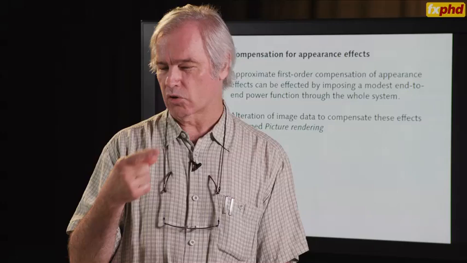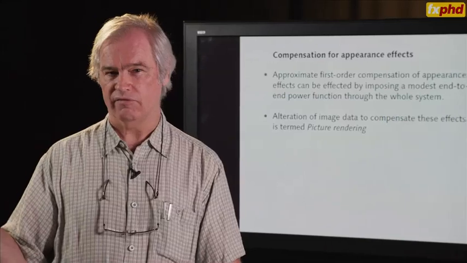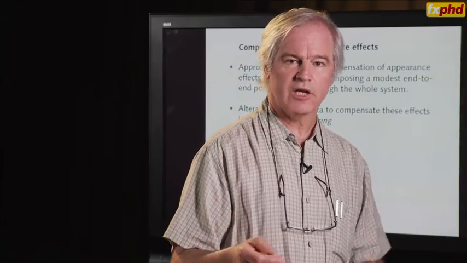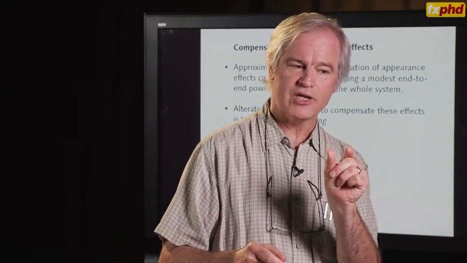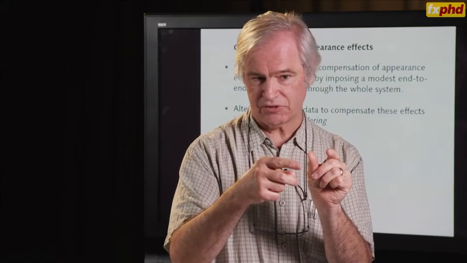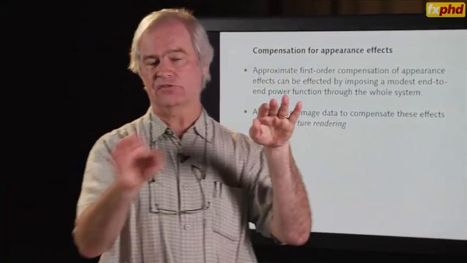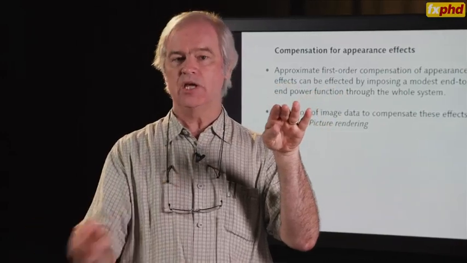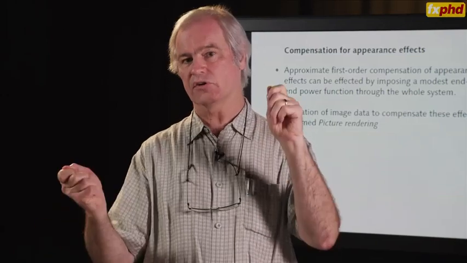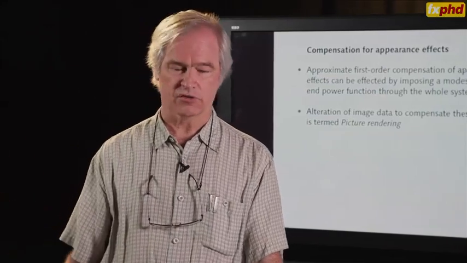But if you look at it more carefully, you discover the Rec 709 function, even though it's got 0.45 in the equation, and 1 over 0.45 is 2.2, that doesn't accurately describe the curve as a single pure power function. If you go and do the least squares fit across that curve, it's closest to a 0.51 function. So it's almost like a square root.